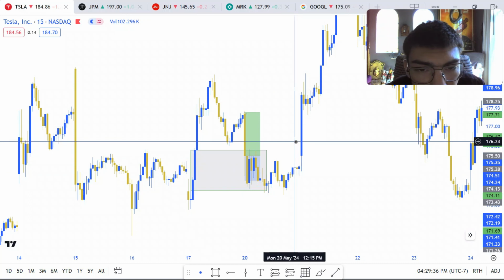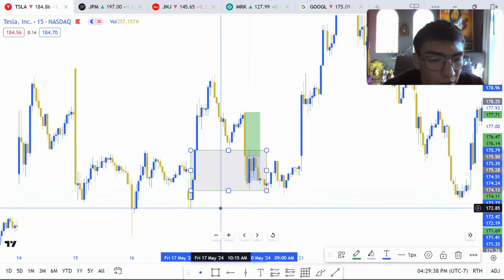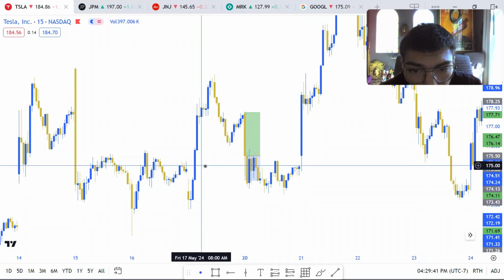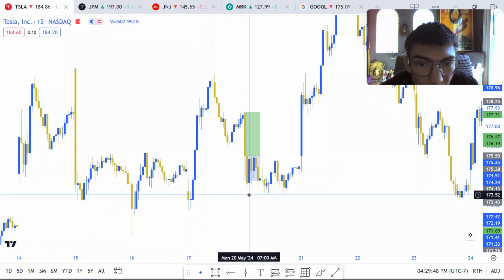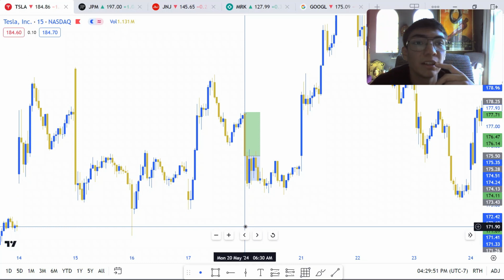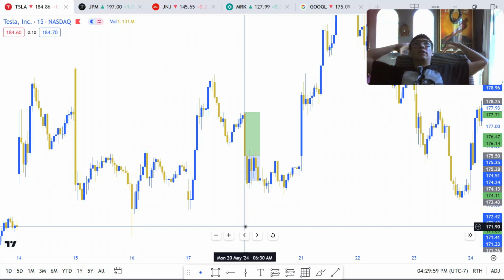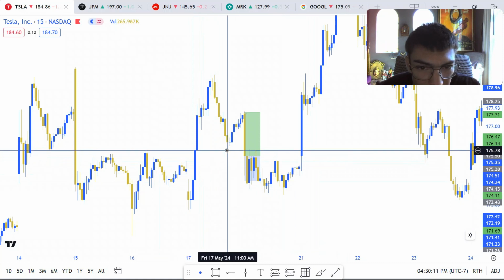What could we have done differently here? Knowing that the fair value gap didn't get hit until, oh, that was a weekend trade, so it was on the 4 hour. It took us a whole day to get into this play.